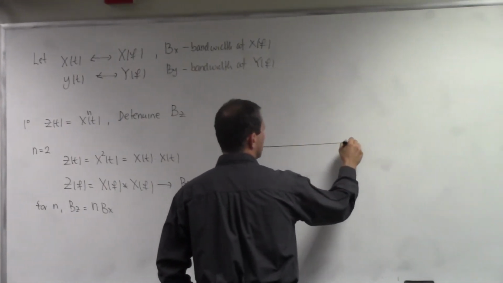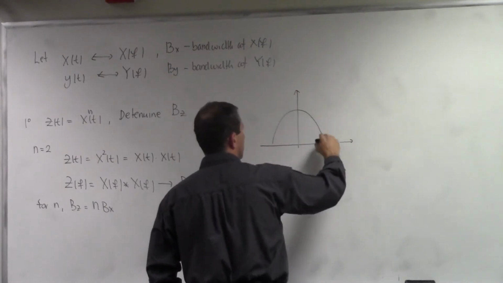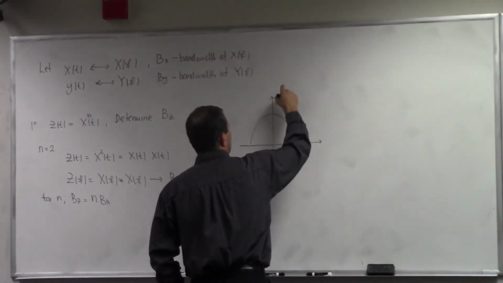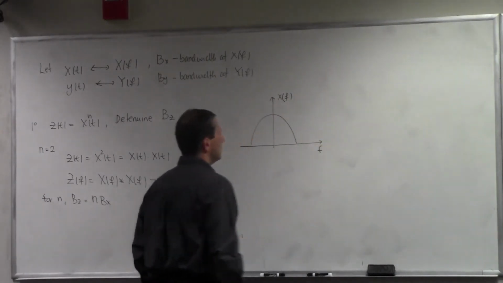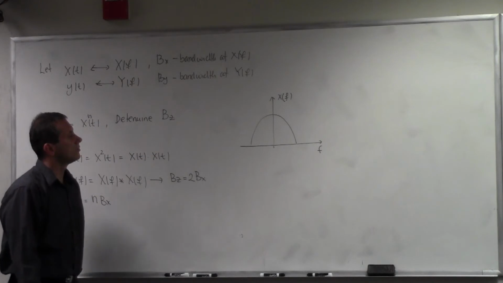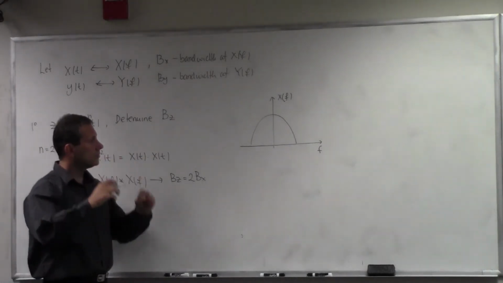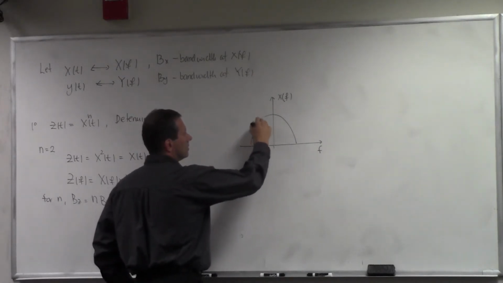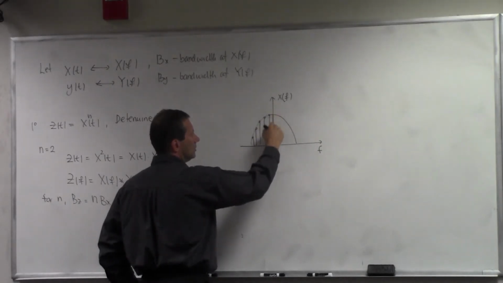Now I'm going to do a little bit of drawing. Let's say this is your X of f, right? The Fourier transform of the signal x of t. Now, if you put on your Fourier series glasses, you have a whole bunch of sinusoids existing here, all of these guys.